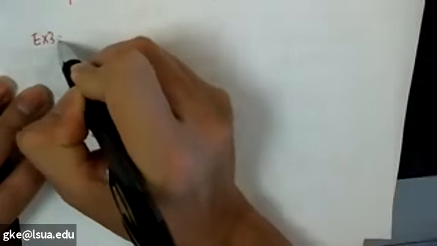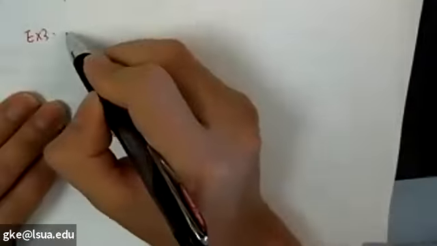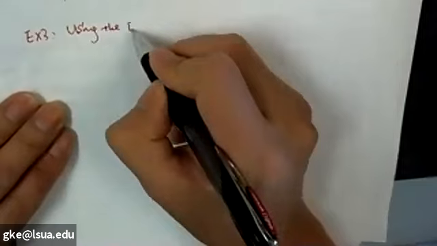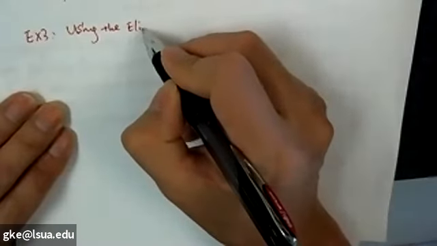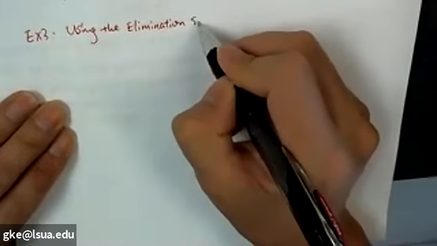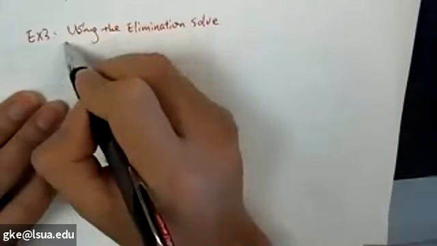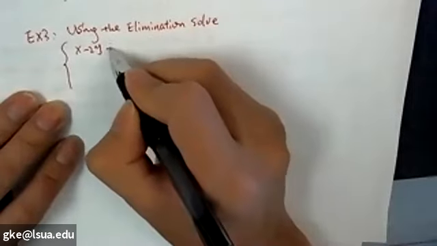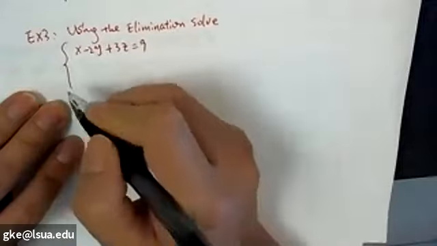The first example. Using the elimination to solve this guy. x minus 2y plus 3z equals 9.